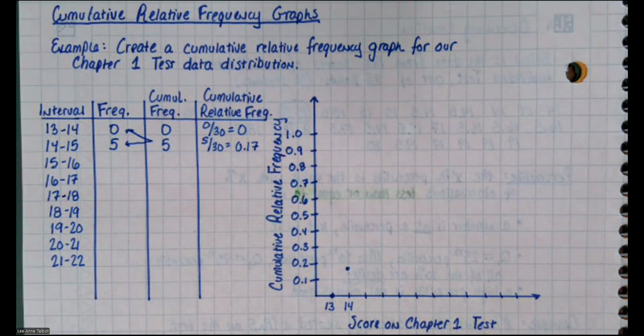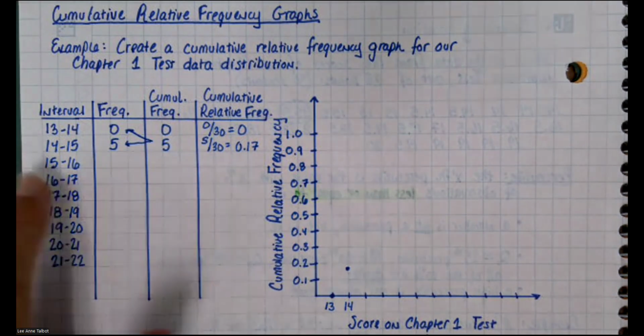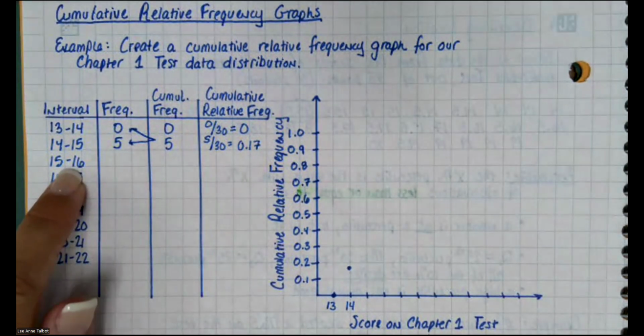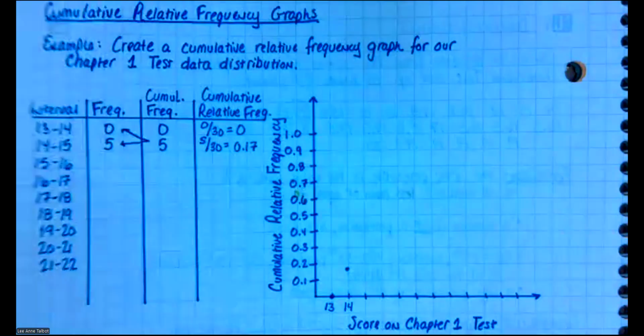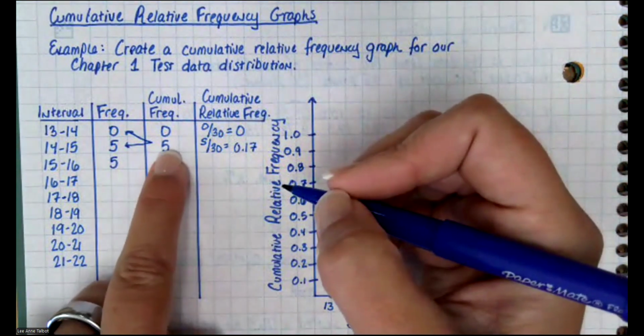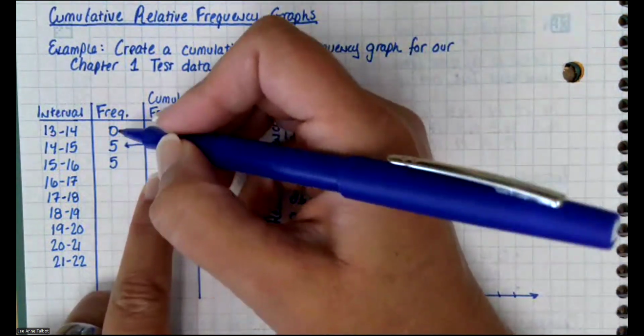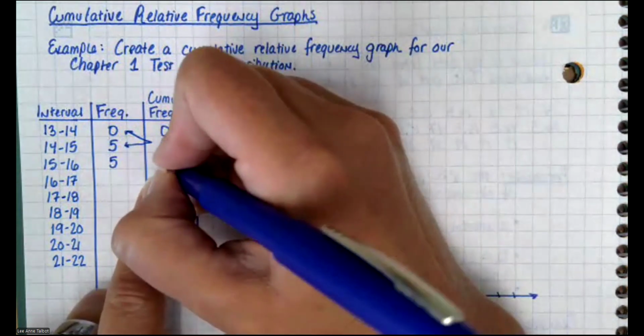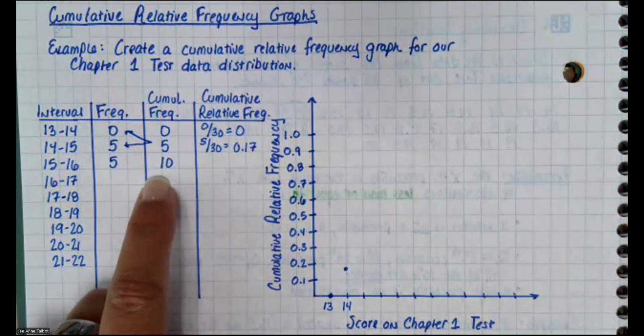Okay, let's do one more row together, and then I'm going to give you a few minutes to finish it in your groups. Okay, how many numbers in our list were in the 15s? 5 again? Okay, so cumulative means I add up all of these. So there's 10.